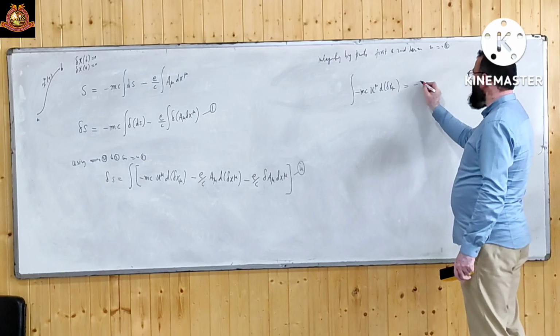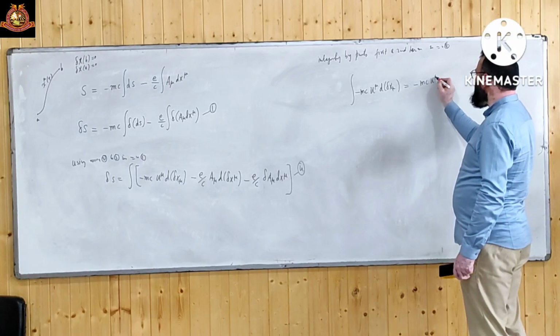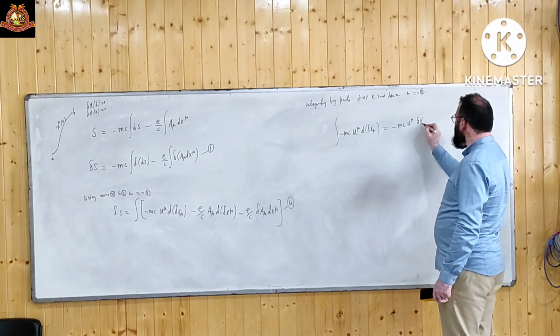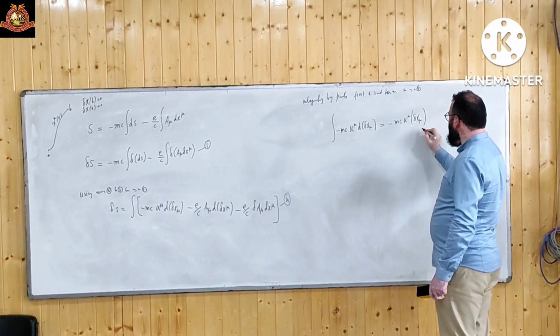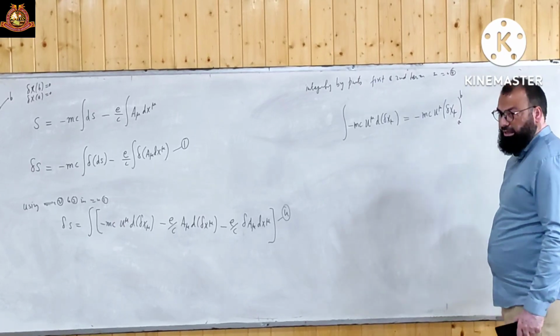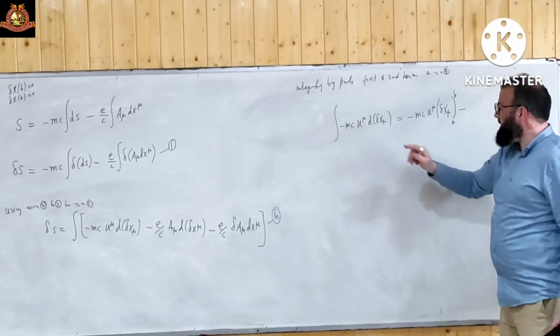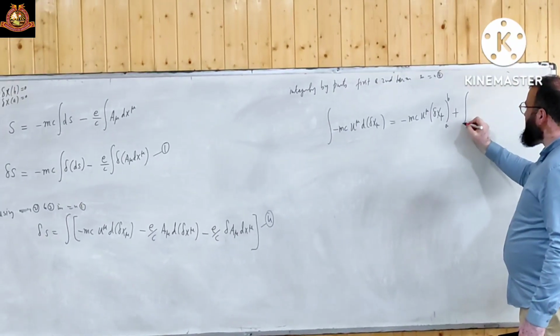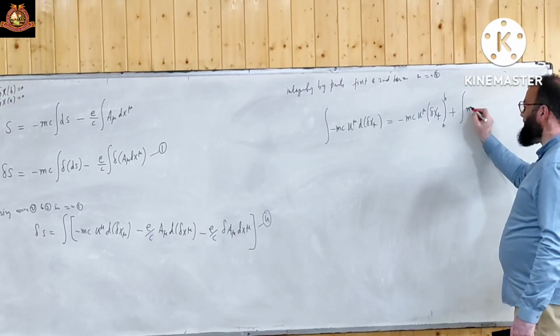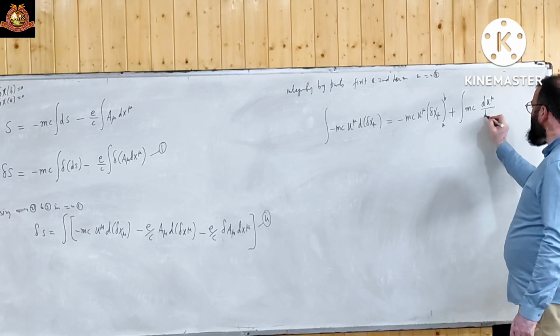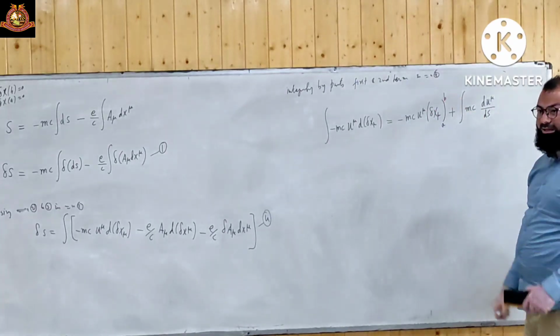The first term will be as such, minus mc u mu times the variation in x mu evaluated at the endpoints A and B. Then the second term, minus, since minus is already here, it becomes plus, integral mc du mu by ds, because we are integrating along the world line.